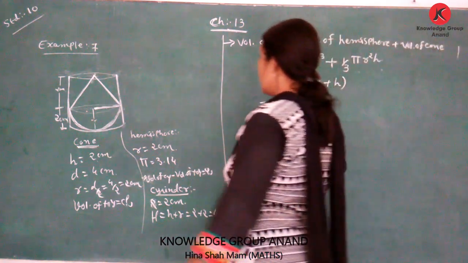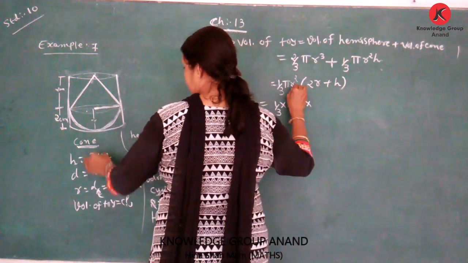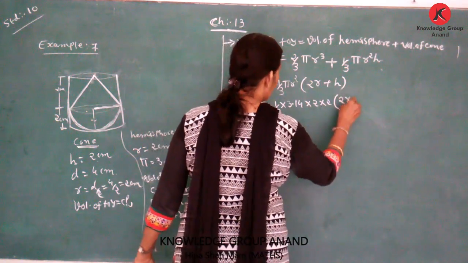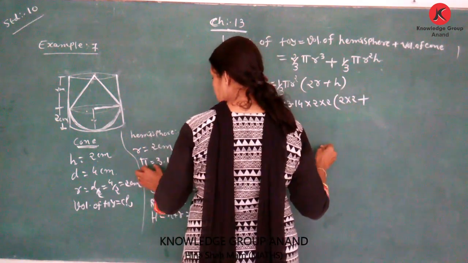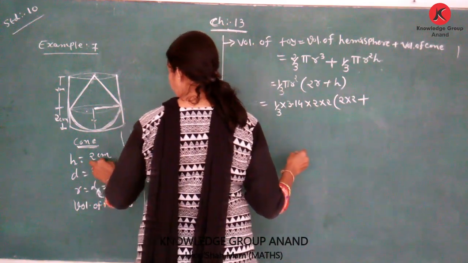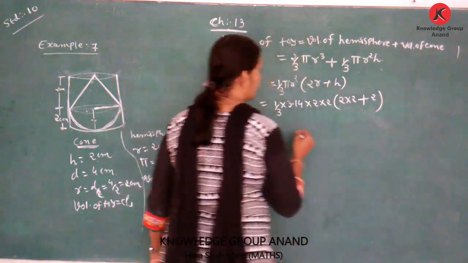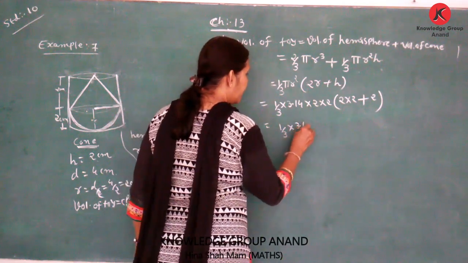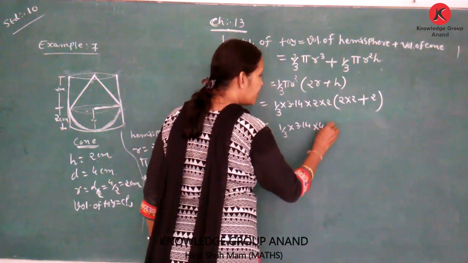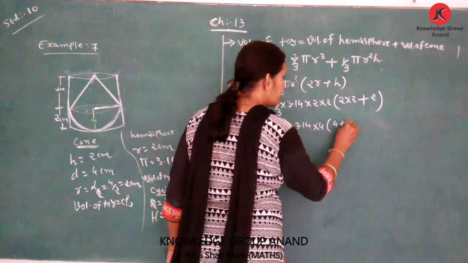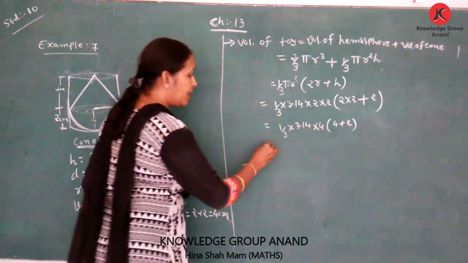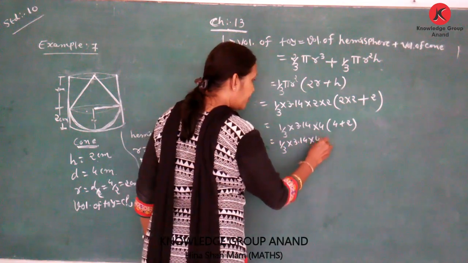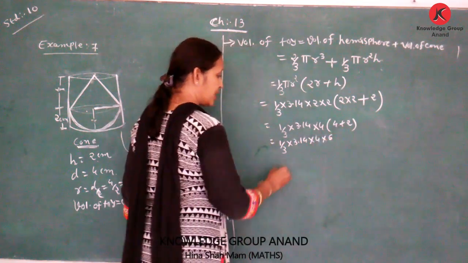So 1 upon 3 pi r square into 2r plus h, where r is 2 and h is the height of the cone, 2. That is 1 upon 3 into 3.14 into 2 square into 2 into 2 plus 2, which equals 1 upon 3 into 3.14 into 4 into 6.